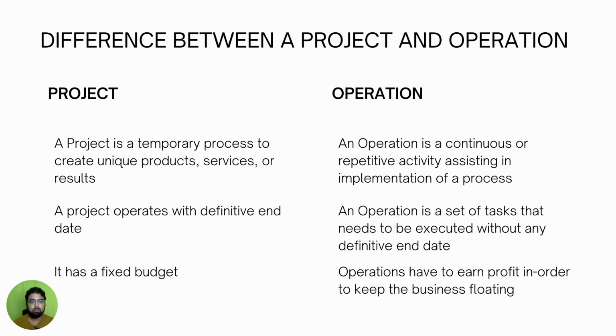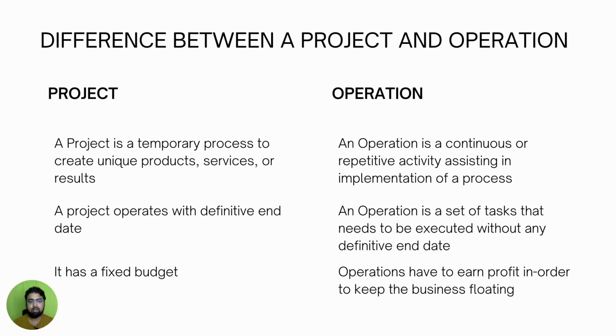Project. A project is a temporary process to create unique products, services, or results. This is what we saw in the previous screen as well. But an operation is a continuous or repetitive activity assisting in implementation of a process. It doesn't mean operation does not have a timeline, but the timeline is continuous.